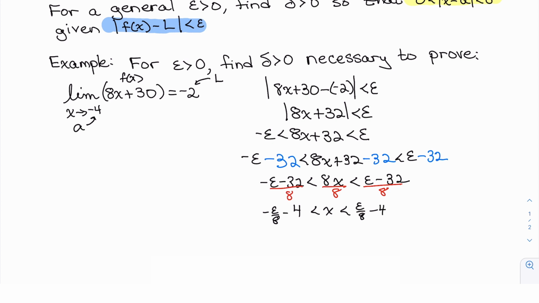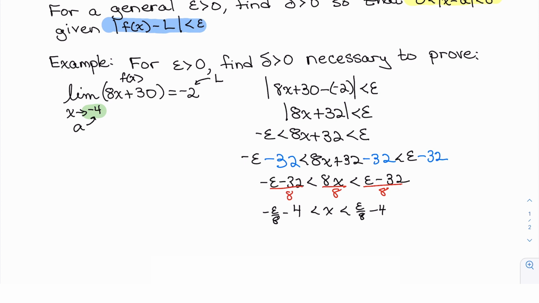Now look at what's highlighted in yellow. What we want in the middle is x minus a. Recall, our a is what the x is approaching. So we want to subtract a negative 4 from all three parts.